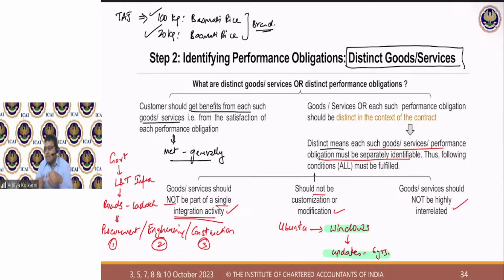But what are these updates doing? These updates are only customizing or modifying the software and not doing anything else. And therefore, these updates are not distinct in the context of the contract.